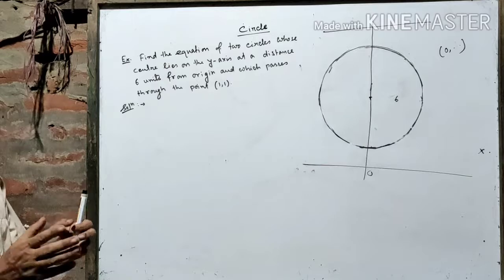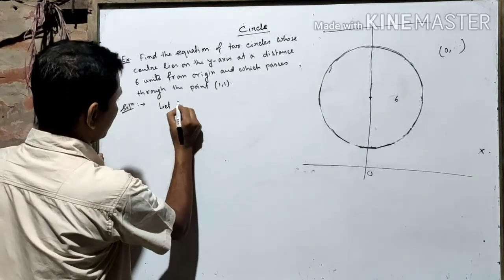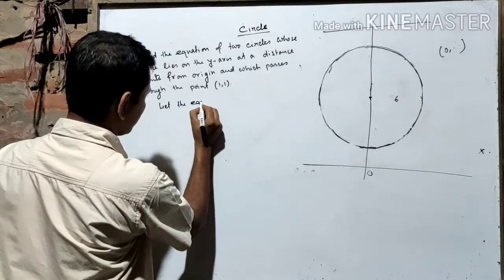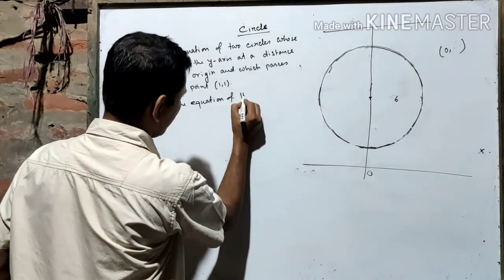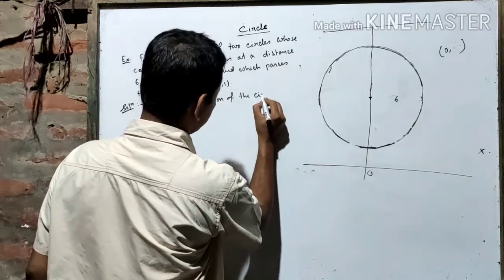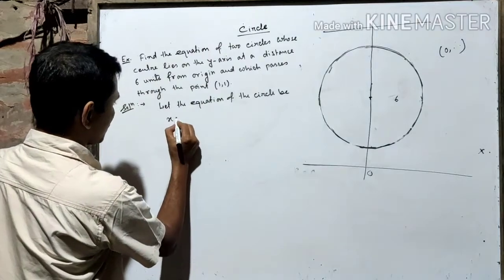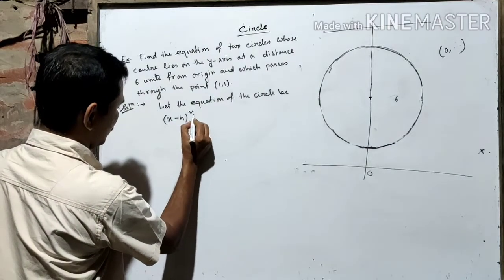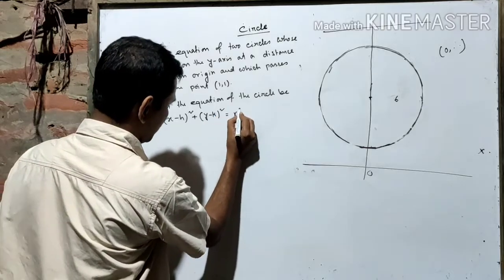So we will use these two conditions. First of all, let us consider the circle. Let the equation of the circle be x minus h whole square plus y minus k whole square is equal to r square.